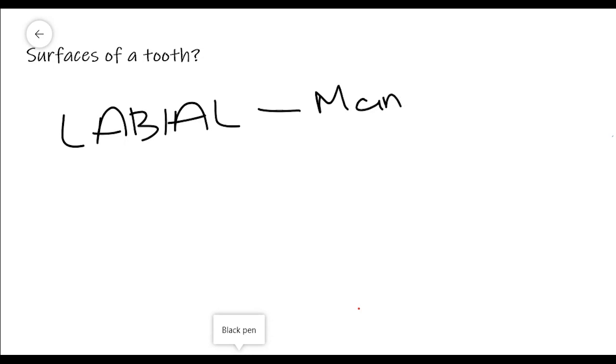If you're talking about the mandibular anterior teeth, you normally use the term labial for the front view. I'll call this mand, meaning mandibular, and mandibular ant means mandibular anteriors.